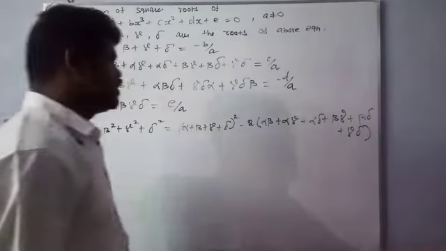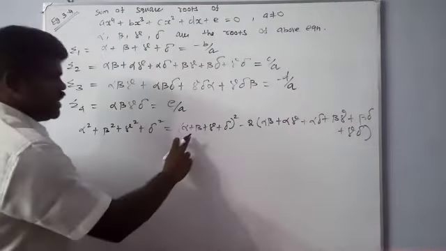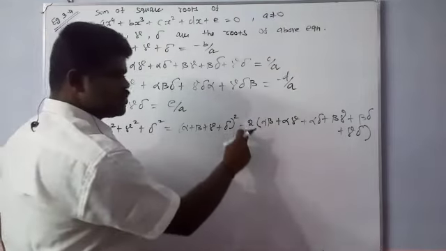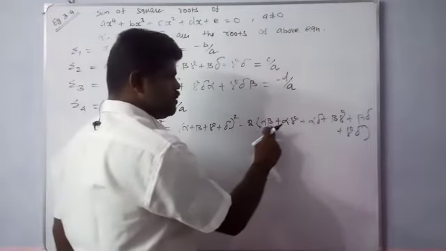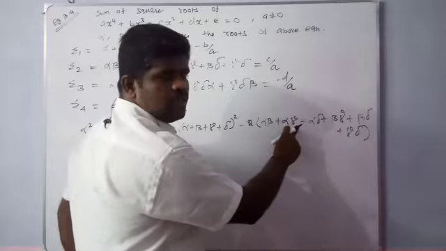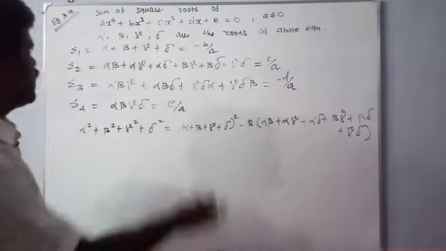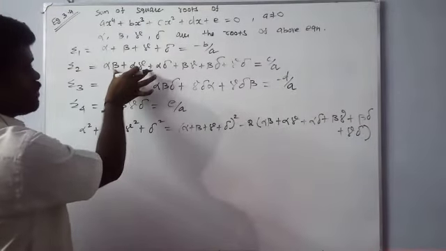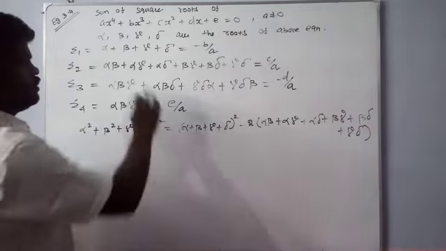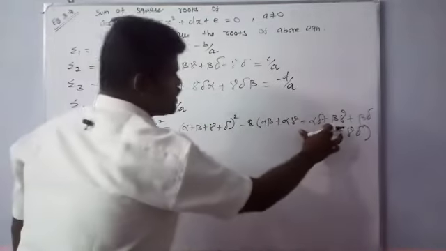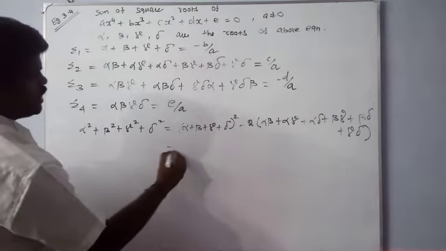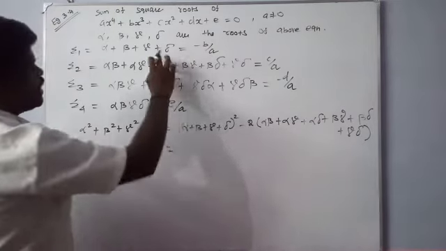Okay, this is the formula. Already you know that a plus b plus c plus d the whole square minus 2 times of ab plus ac, this type of formula. So that's why we can write. So copy of summation 2. The summation 2 formula is here. And alpha plus beta plus gamma plus delta value is what?